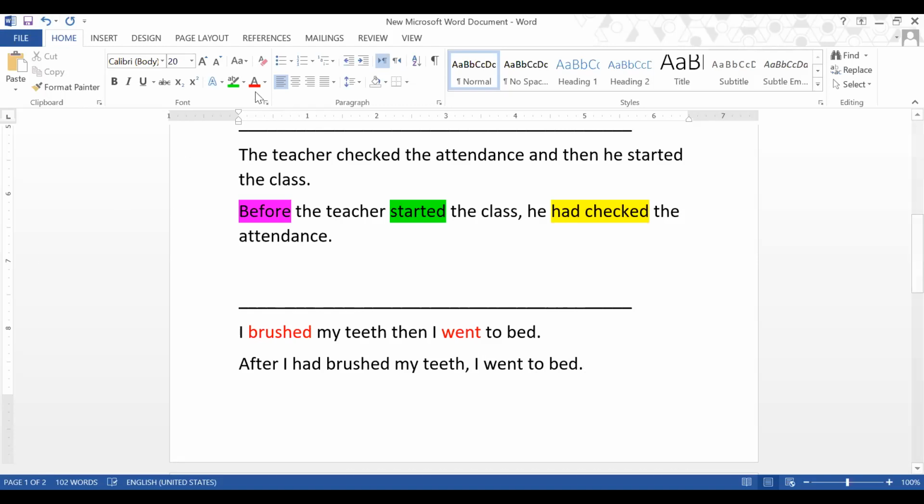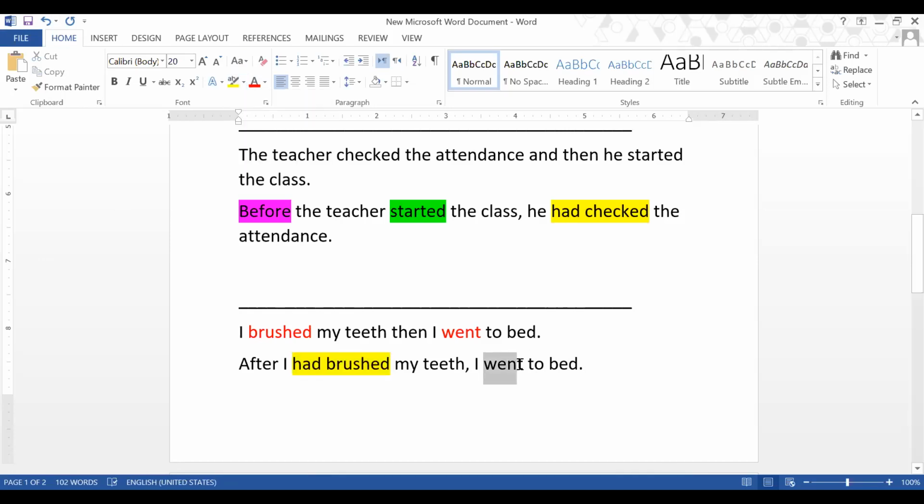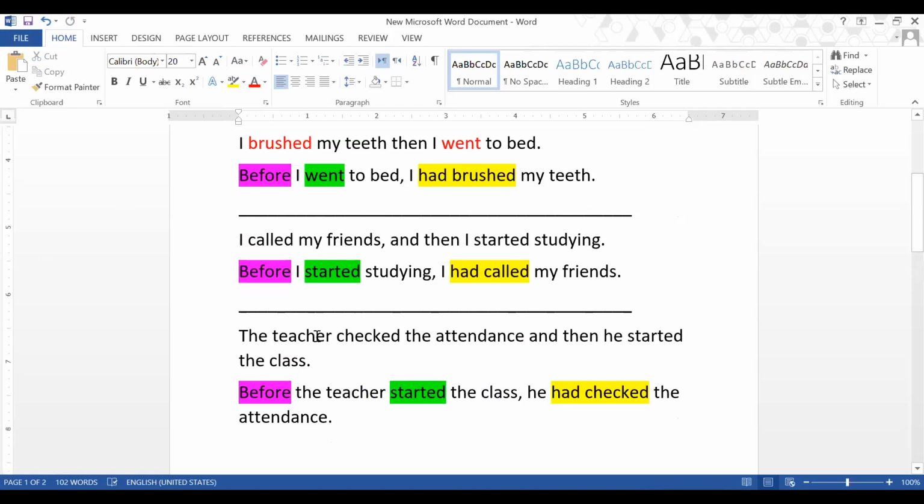Same, you have two verbs, had brushed and went, but what happened is that I changed the clauses, or I switched between them. So here I started with had brushed, and here I am writing went. Why?